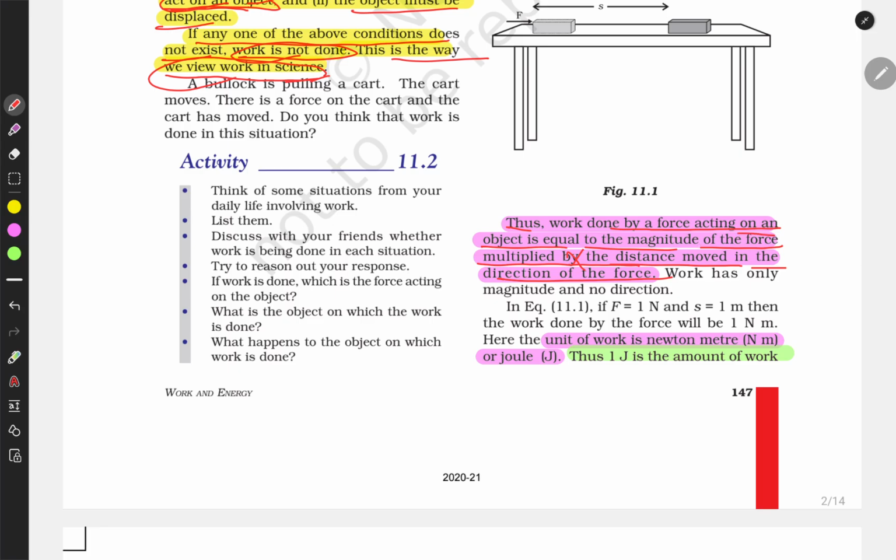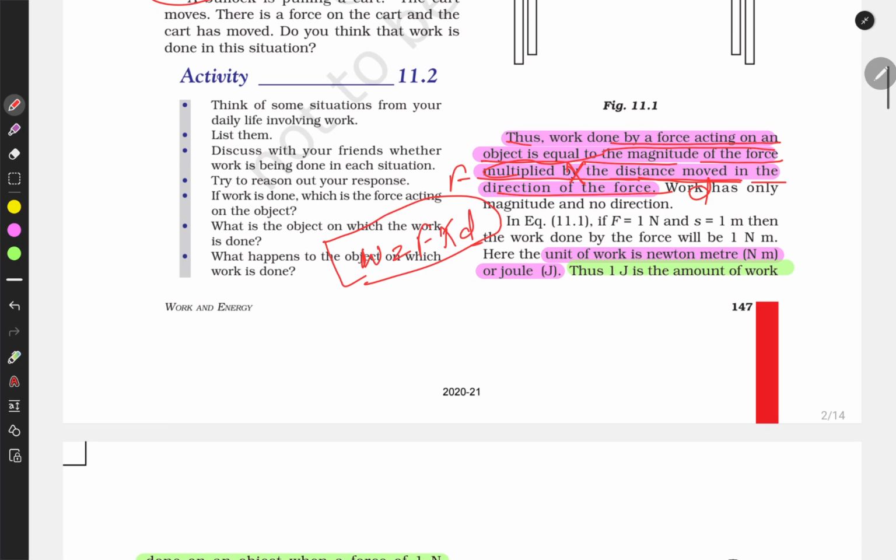So the magnitude of the force is F, and the distance moved is D. So work done will be force into the distance it displaces.